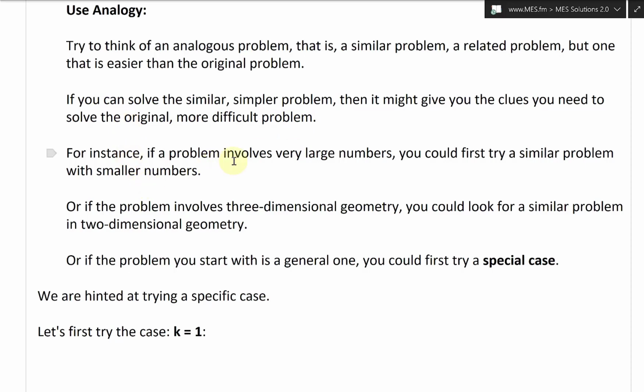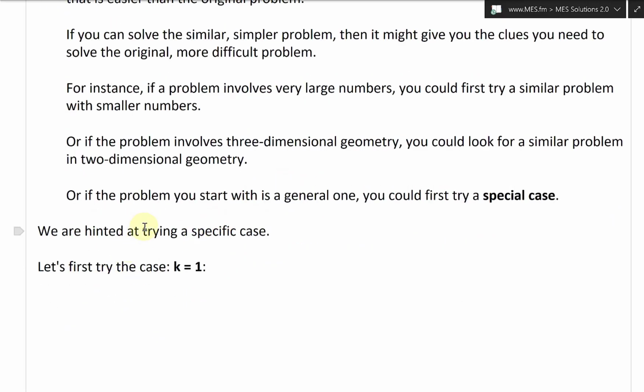For instance, if a problem involves very large numbers, you could first try a similar problem with smaller numbers. Or if the problem involves three-dimensional geometry, you could look for a similar problem in two-dimensional geometry. Or if the problem you start with is a general one, you could first try a special case.